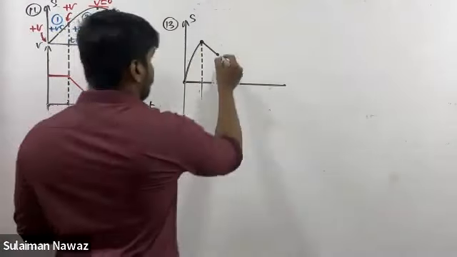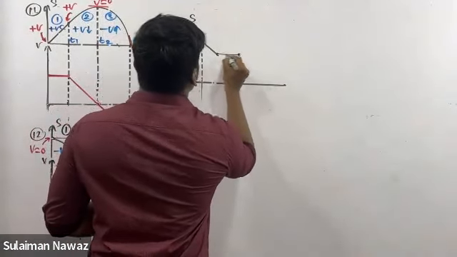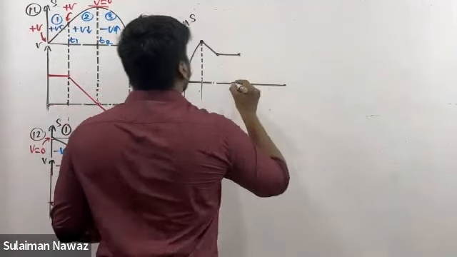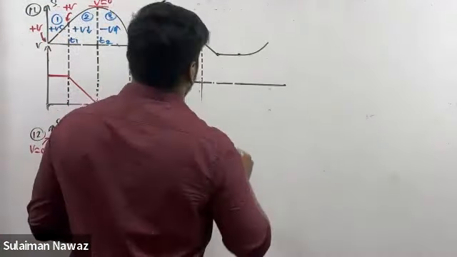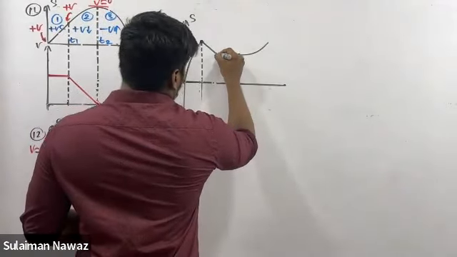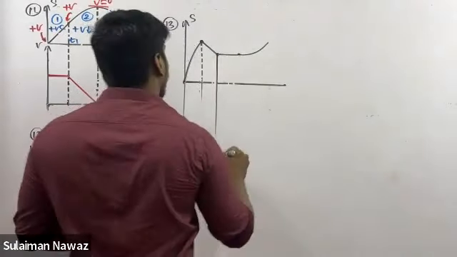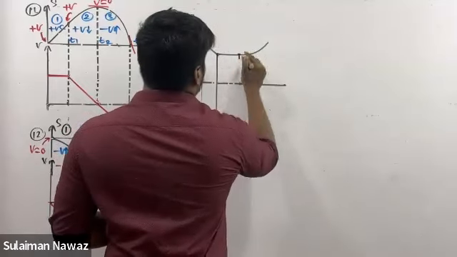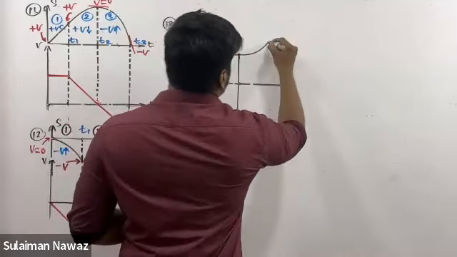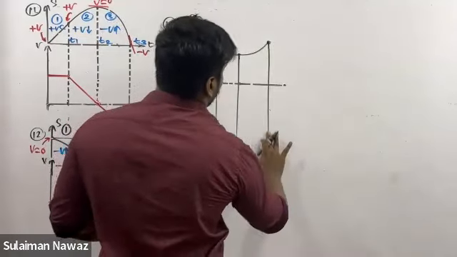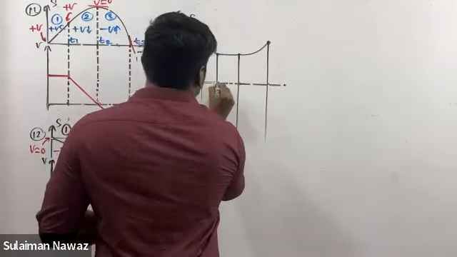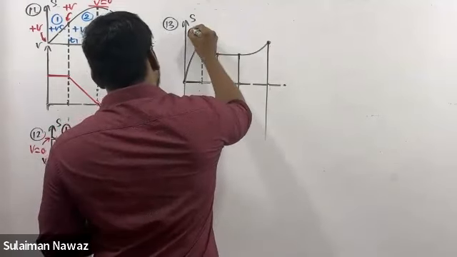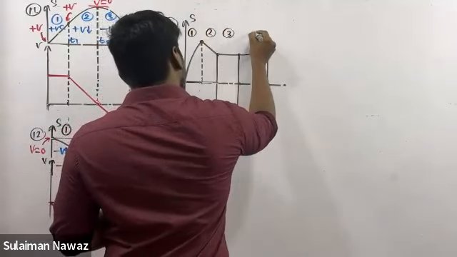Again, graph number 1, graph number 2, 3. There are 4 graphs.